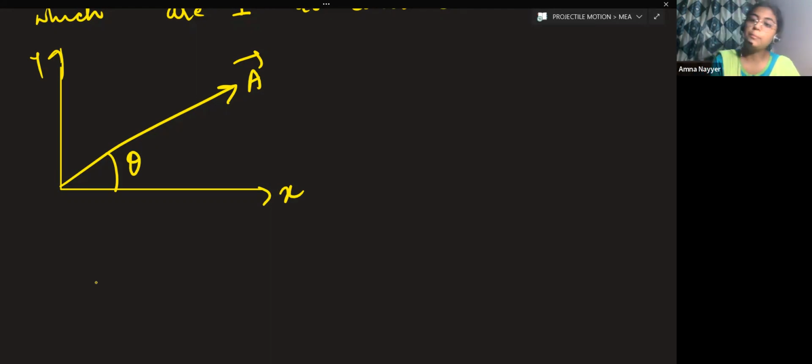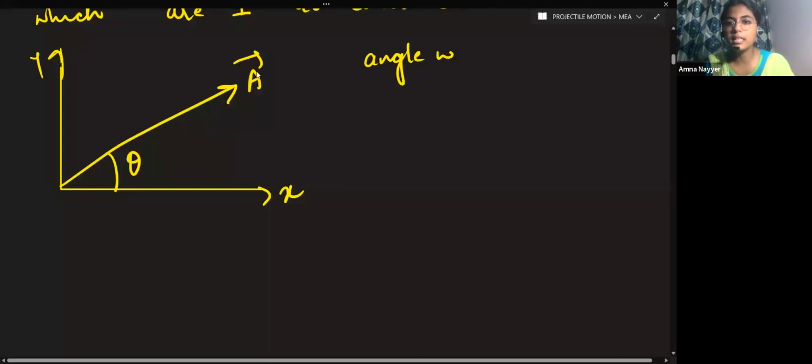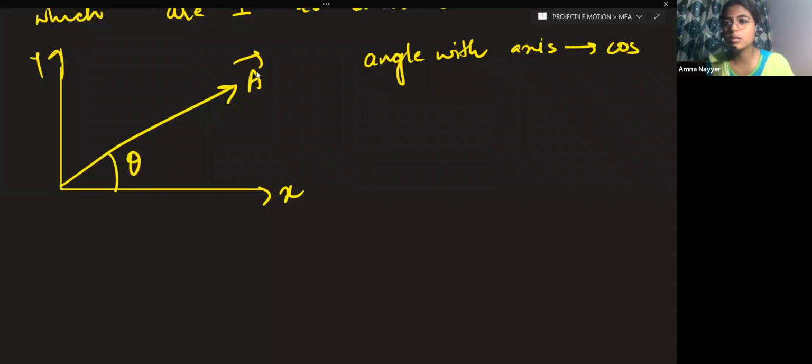And the perpendicular to it, or the other component to which the angle is not made, we use sine component over there. I'll write down this also. Angle with axis, you will use cos. Then perpendicular to it, you will use sine.